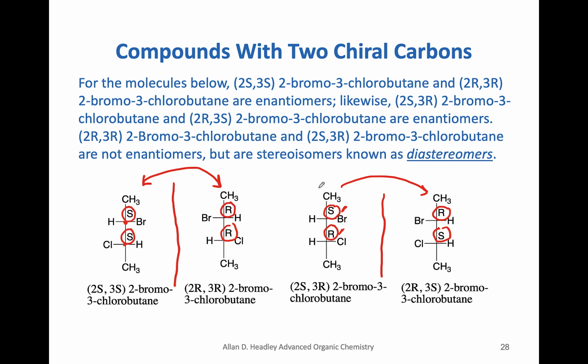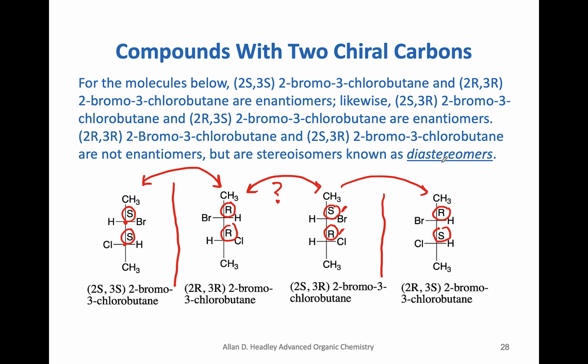Now comes the question: what is the relationship between these two? They are not mirror images. They are not enantiomers. As you can see here, these don't reflect on each other. So they are not the same. They are not enantiomers, and they're not mirror images of each other, but they are stereoisomers because of the same atom-to-atom connectivity that we described earlier.